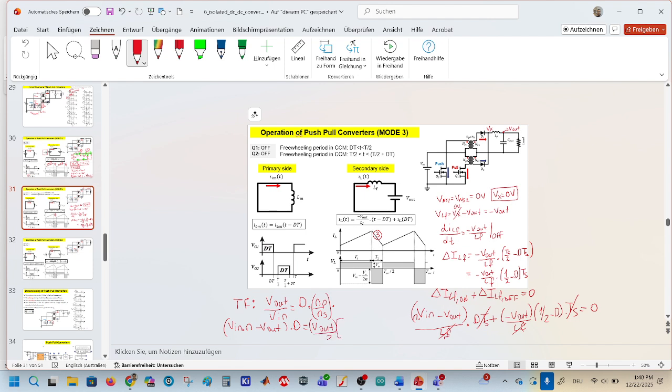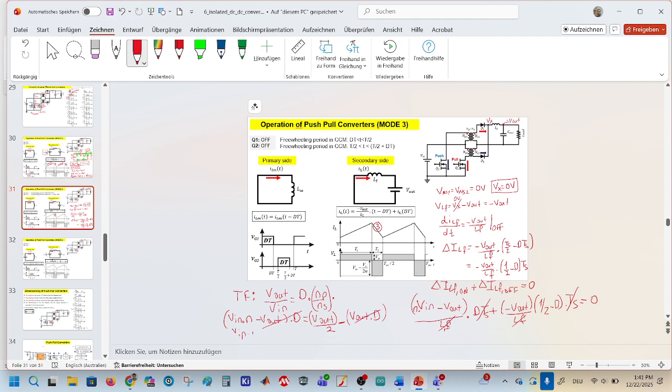So let's say minus D times, so maybe I can get rid of V out D, and I have here V in times N times D, and V out divided by 2.